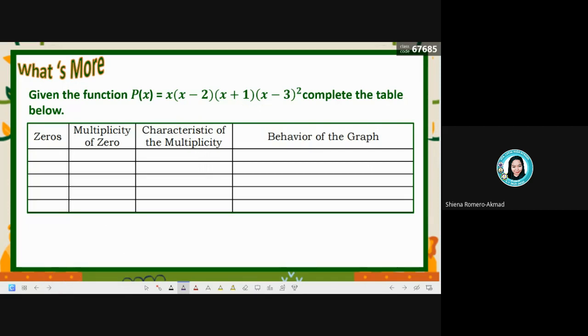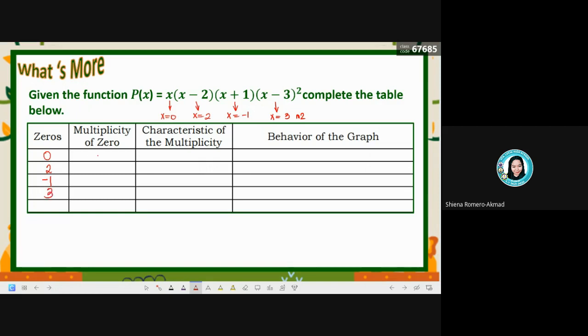Ito, pwede natin itong gawin. So the zeros, ito, value nito, 0. Ito, value nito, of course, is positive 2. Ito, value nito is negative 1. Ito, value nito is positive 3, multiplicity 2. Okay? So, zeros, 0, 2, negative 1, positive 3.